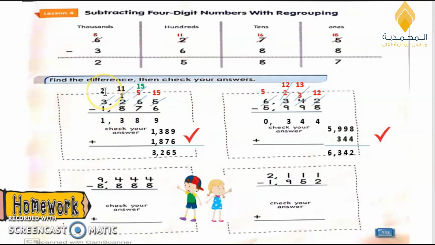Then it's easy to subtract 1 from the 2, which is the thousands place, 2 minus 1 is 1. So the answer is 1,389. So this is the answer or the difference.